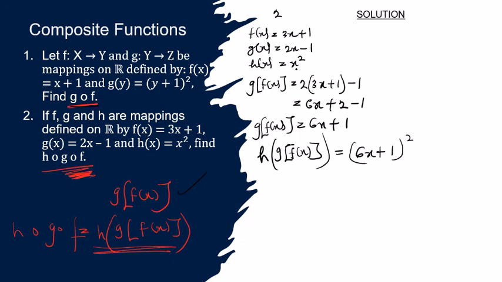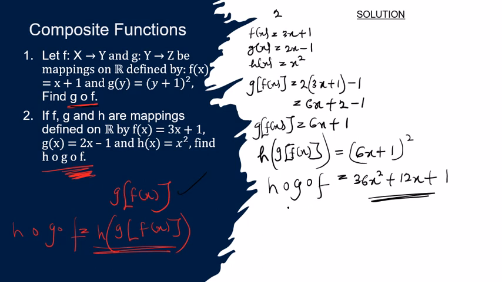Can you see where this cursor is? Good. Or the pointer rather. So we now expand this. After expanding this, we have 36x squared plus 12x plus 1. And this gives us h of g of f.